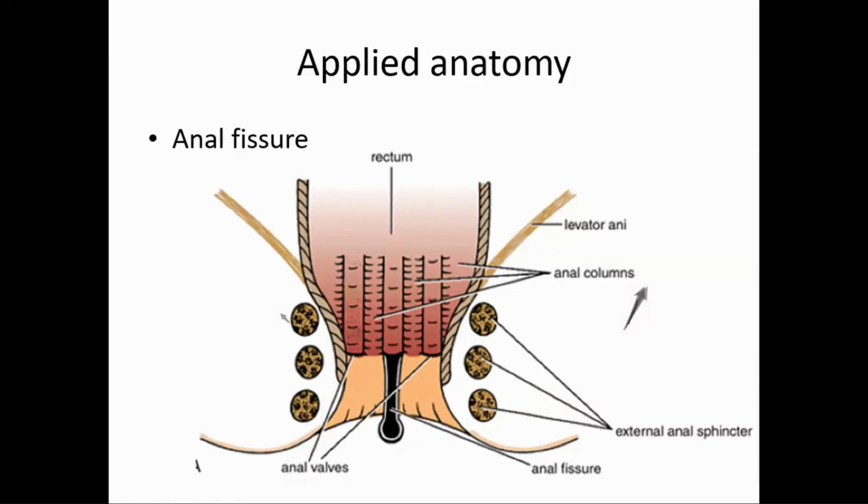As it is communicated with the skin surface, it is richly supplied by somatic nerves, so it is very painful. That is called an anal fissure: rupture of the valves of the anal canal during the passage of dry hard feces.